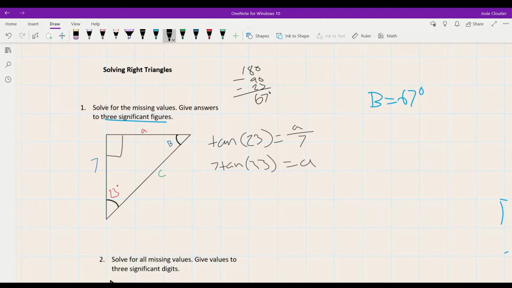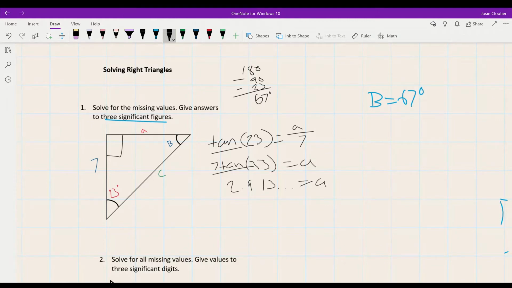We can go ahead and plug that into our calculators, and just make sure that your calculator is set to degrees rather than radians, because you'll get a different answer when you're using our trig functions if you're not set to the correct mode. 7 times tangent of 23 degrees is equal to 2.9713, so A equals 2.971.